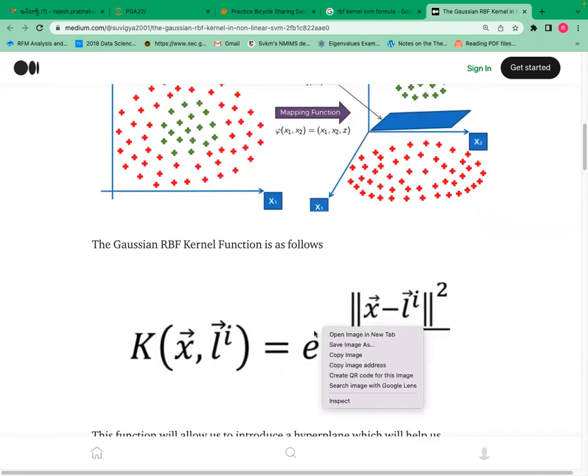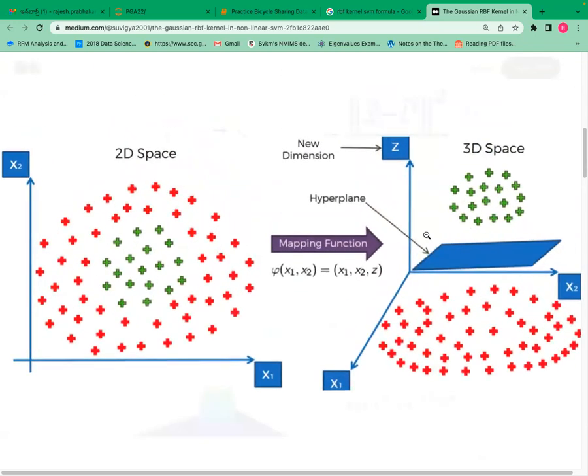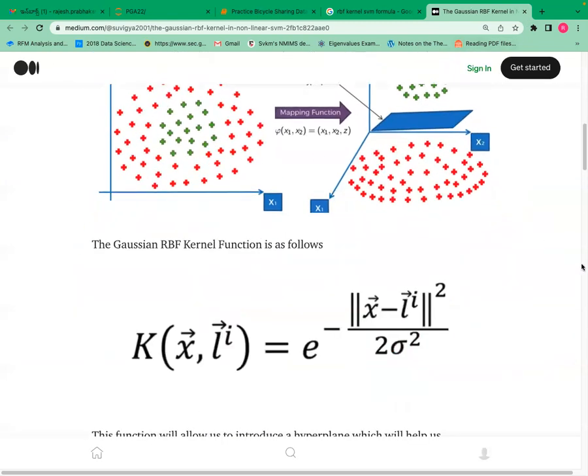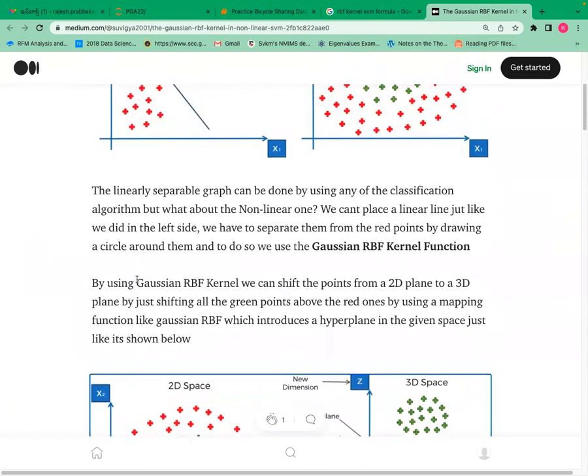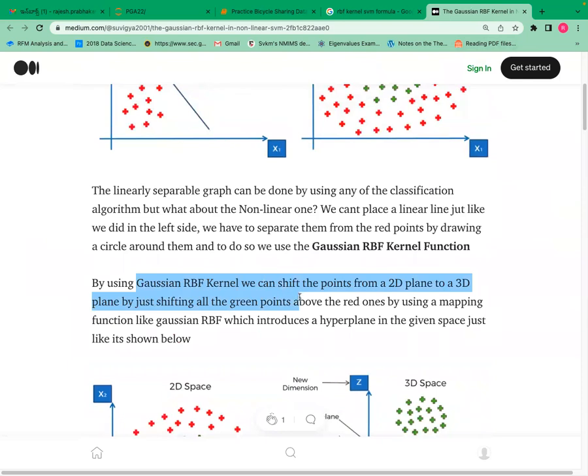The Gaussian RBF kernel is a very, very popular kernel that transforms the two-dimensional space into a three-dimensional space so that you can draw a linearly separable hyperplane that distinctly classifies both the classes. So the Gaussian radial basis function shifts the point from a 2D plane to a 3D plane.